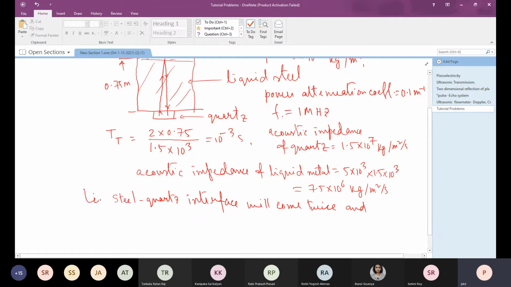The liquid metal and air interface will come once. Air acoustic impedance is given as 430.